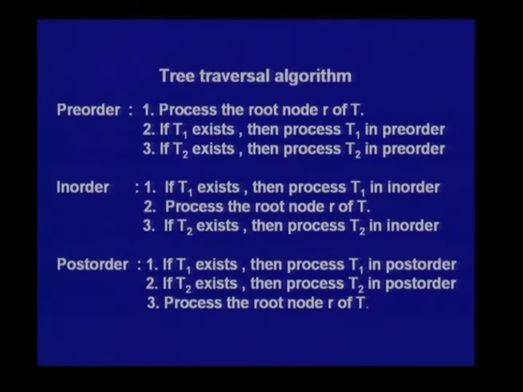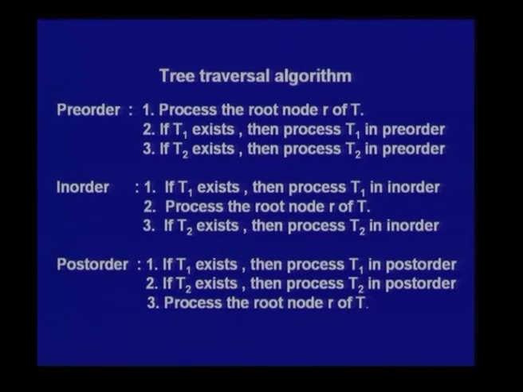So, this is the tree you are having with node labels A, B, C, D, E, F, G, H. And if you want to traverse the tree in the pre-order, in what order will you search? The root first, then the left subtree, then the right subtree.